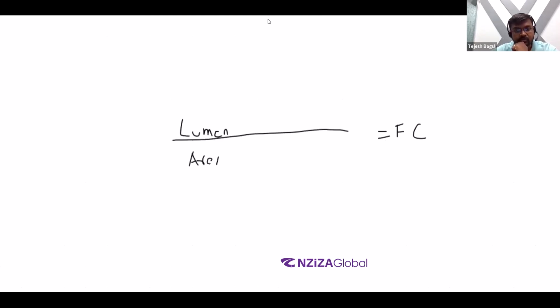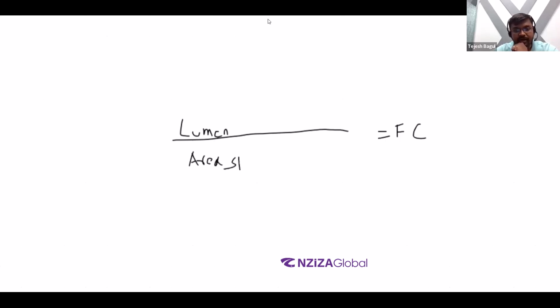Awesome, thank you so much, Gorky. The other day we spoke about the equation for calculating foot candles. The foot candle, when it comes to lighting, is nothing but lumen upon the area in square footage. So this is in square foot.